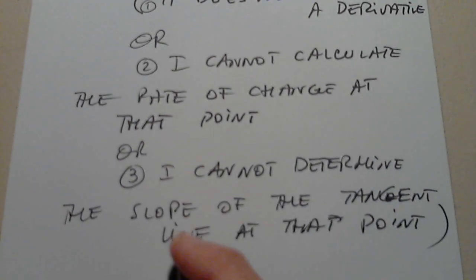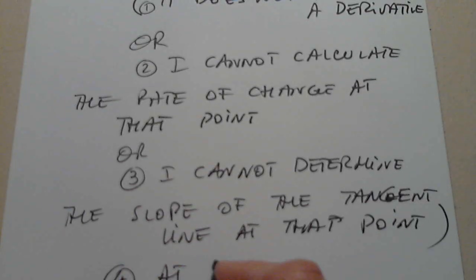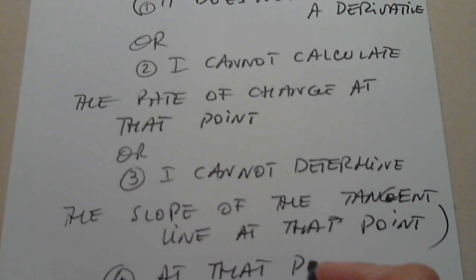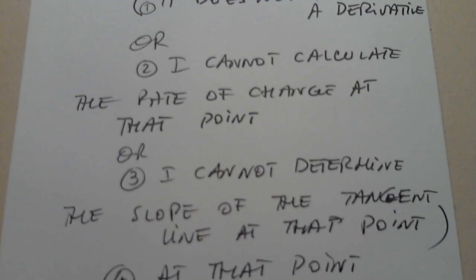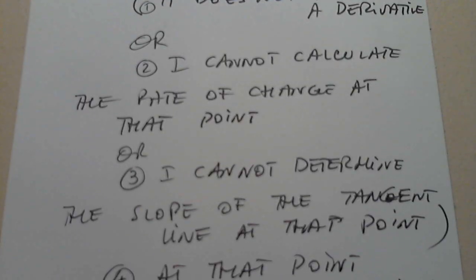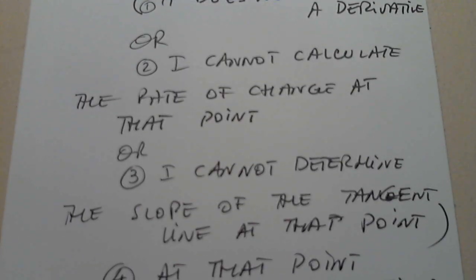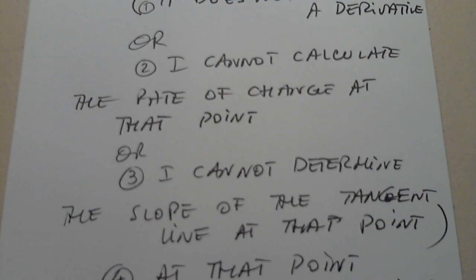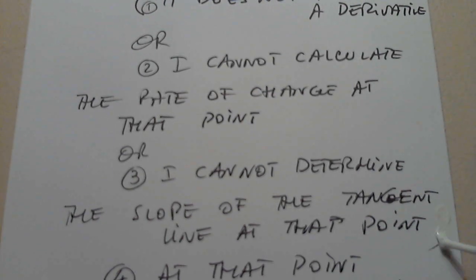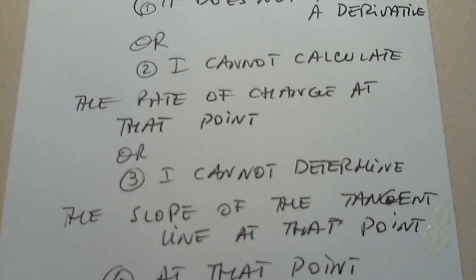Let me put one more, number 4. At that point, f prime of x is undefined. They all mean the same thing. I just want to erase this and put it after.